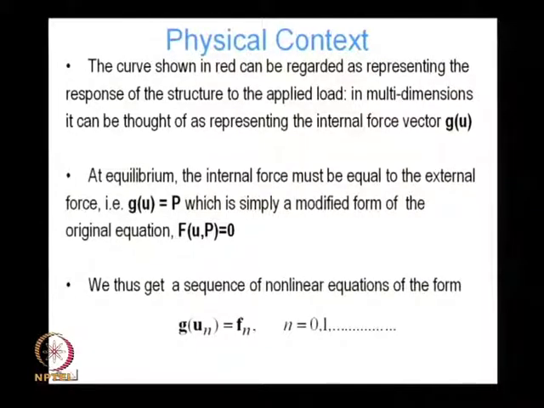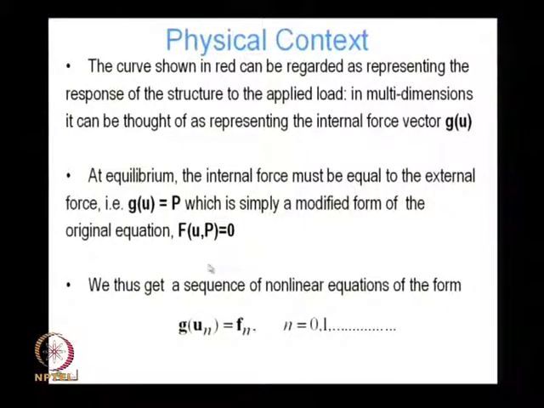It can be thought of as representing the internal force vector g of u, which is again a function of my displaced configuration u. At equilibrium, the internal force must be equal to the external force, that is g of u must be equal to p, which is simply a modified version of my original equation f of u, p equal to 0. So, this was my original equation, I am now rewriting it as g of u equal to p.